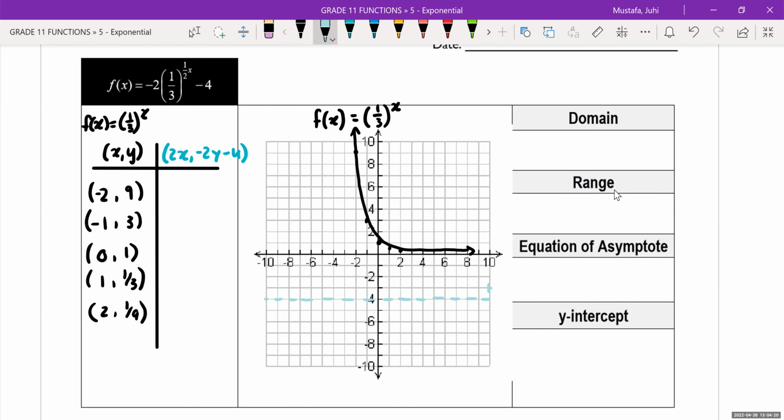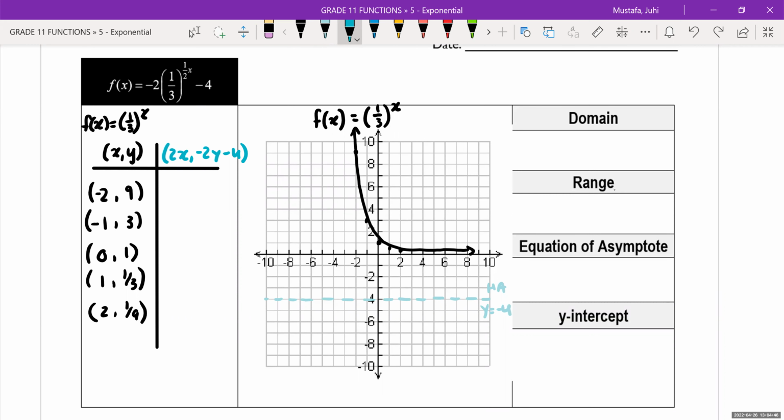We're going to have our new horizontal asymptote at this point. The quick way to figure this out is you just look at your equation, whatever number is over here, like in the C position, that is your asymptote. Which is why you can just draw the asymptote for everything.